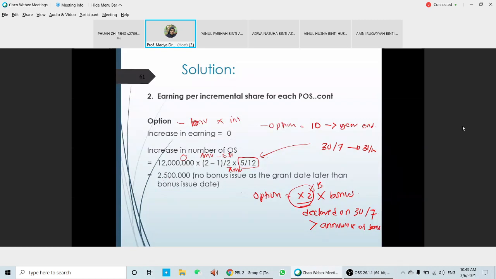Just calculate as a normal one for the options. So the EPS here will be 0, compared with the basic, so you're going to have a dilutive here.